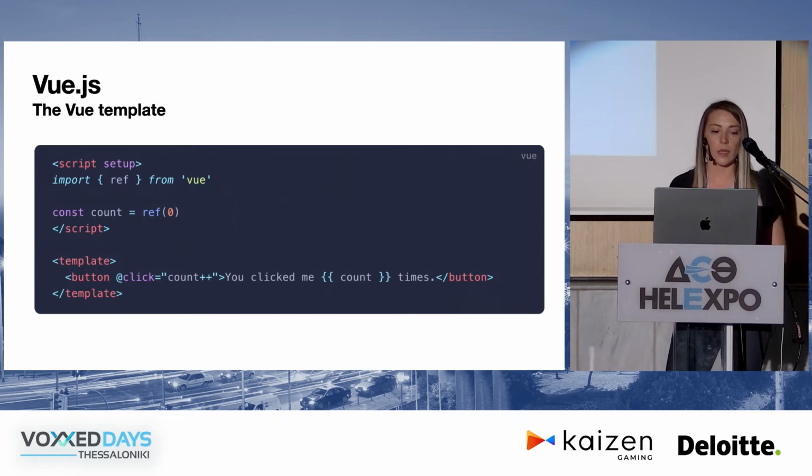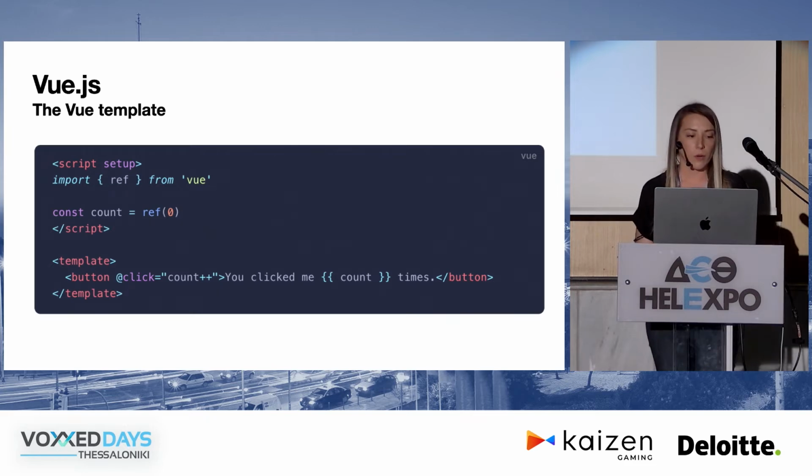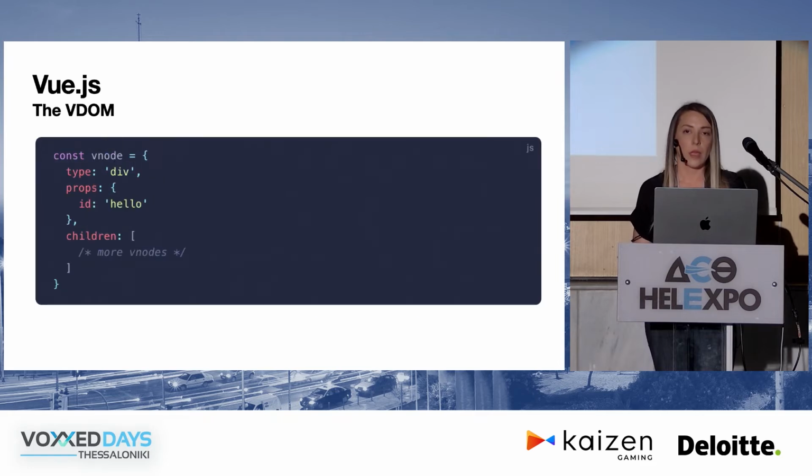framework added, we would have such a template instead of the HTML code that we saw before. Somewhere we would have to put our HTML code in a Vue template, and this template is compiled by the Vue.js framework into the virtual DOM.